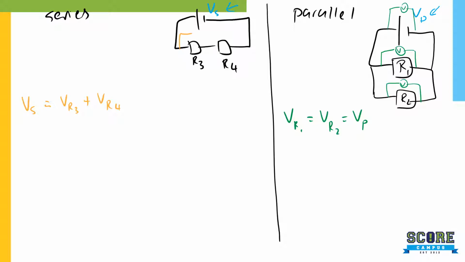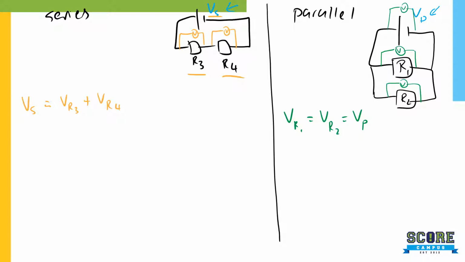So if I put a V here and a V here, these two voltages for R3 and R4 will add up to give you the voltage for S. Yeah? So this is the first formula you need to understand, your first concept.